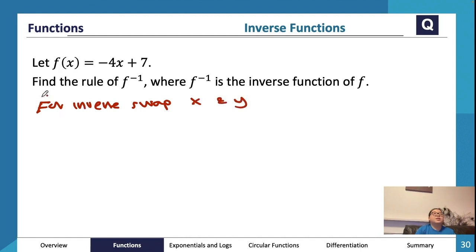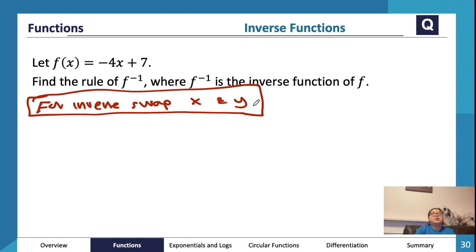That is the golden sentence in inverse functions. In addition to that, you have to let y equal f(x), because nobody knows what y is. This is f(x). Those are the two things you must write at the start.